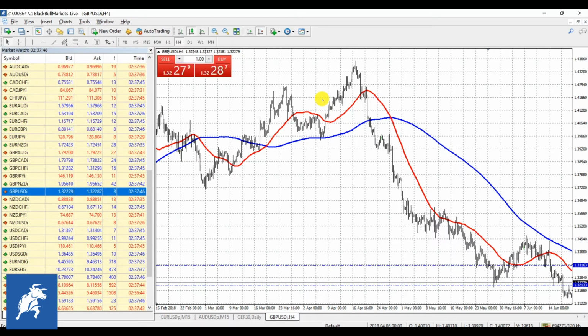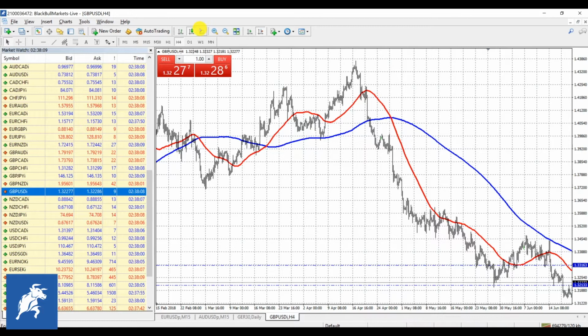Well, first thing to consider is, what is a moving average? A moving average is a lagged indicator. So it measures prices, historical prices, given a specific time frame. Now, a lot of traders use the moving averages as their guidelines for support and resistance also.